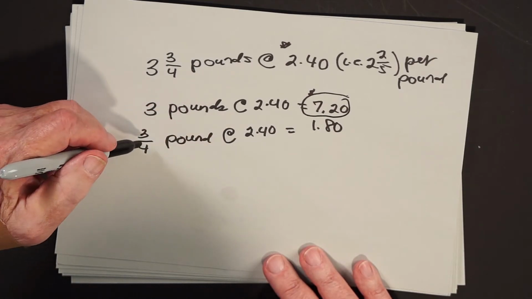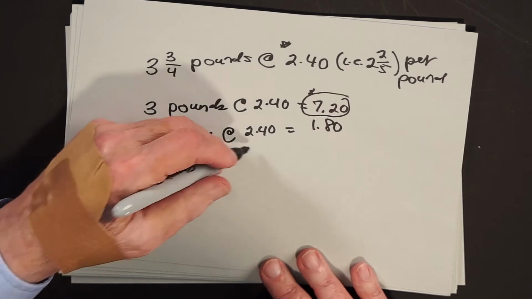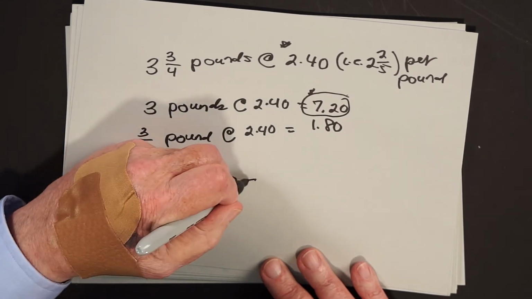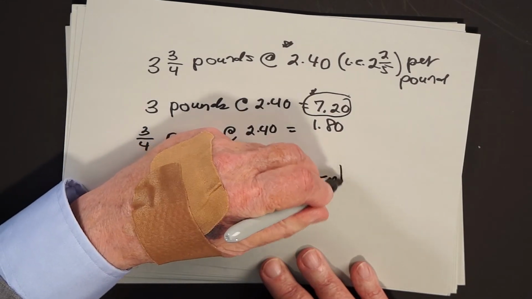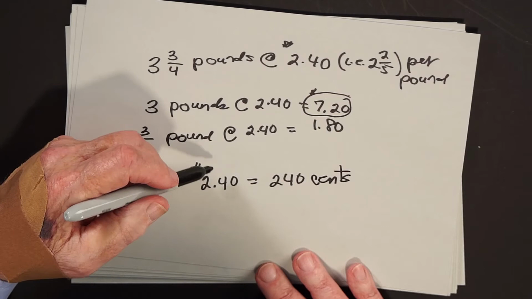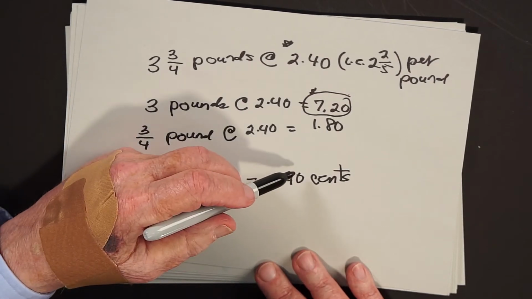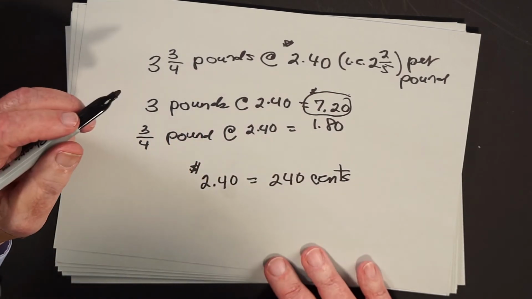At $2.40 a pound, a quarter of a pound would be 60 cents. And by the way, if the student doesn't like decimals, notice that $2.40 is 240 cents. So if the kid has trouble dividing 2.40 by 4, divide the whole number 240 by 4, but now the label is cents.